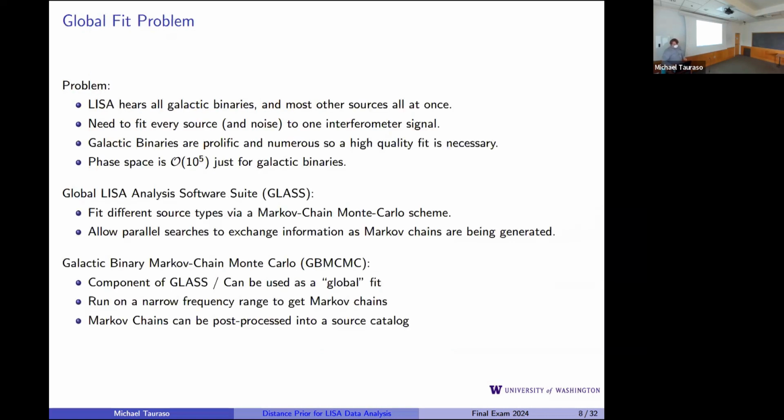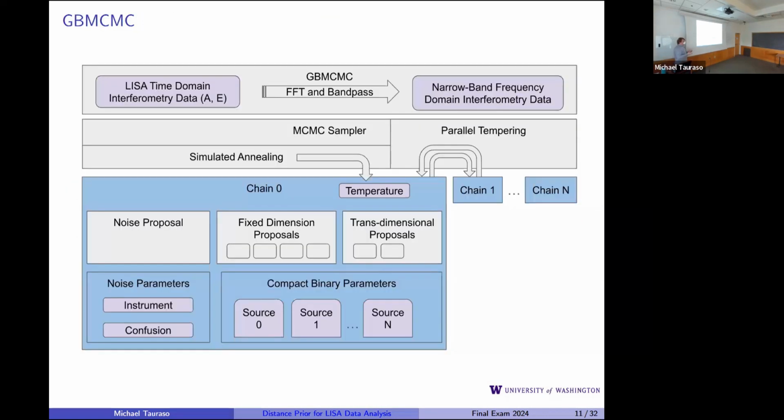What that has the effect of doing is, at higher temperature, the algorithm spends more time exploring the global phase space rather than getting stuck in some local maxima. And as the temperature drops, you end up with the likelihood to the power of 1, and you have your likelihood surface with all of its pointy maxima back again. So two things are going on during a run of this. One of them is simulated annealing, which means the temperature of each chain is going down as we generate the chains.